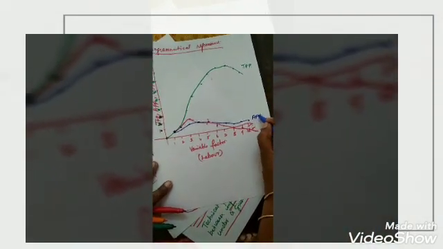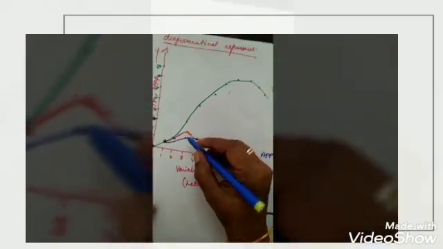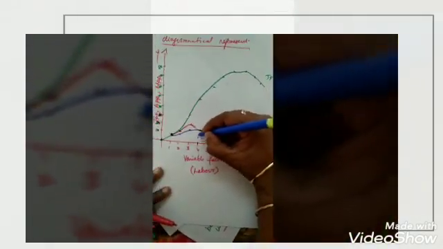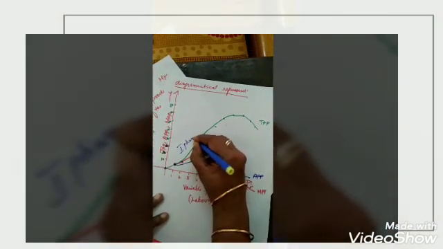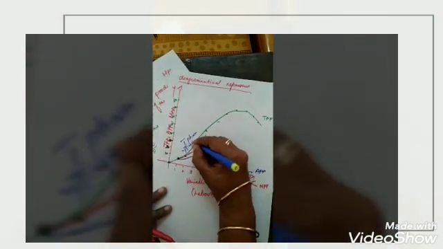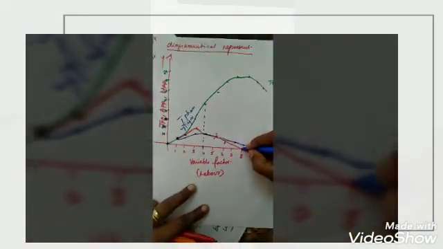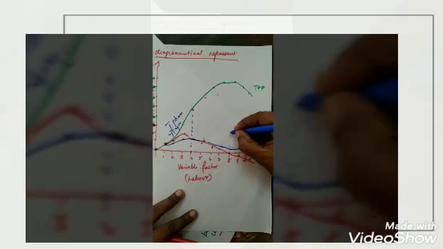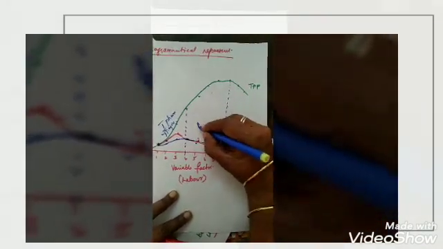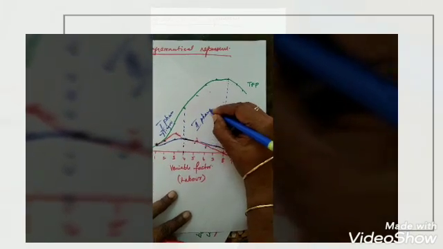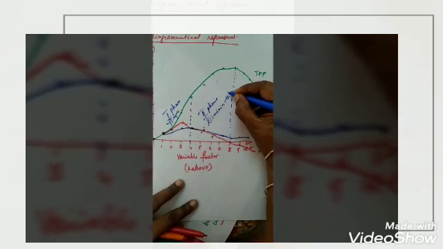This is APP. See, up to the fourth labor, this will be the first phase, that means increasing returns. Till the 8th employee, this is the second phase, diminishing returns.